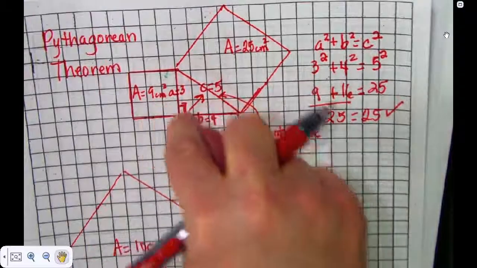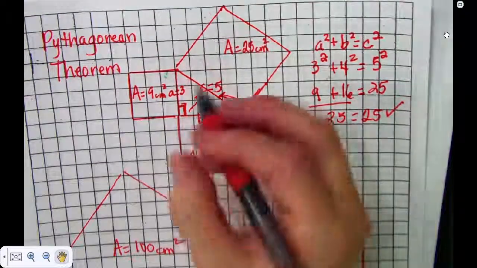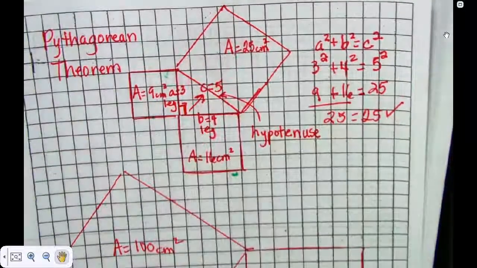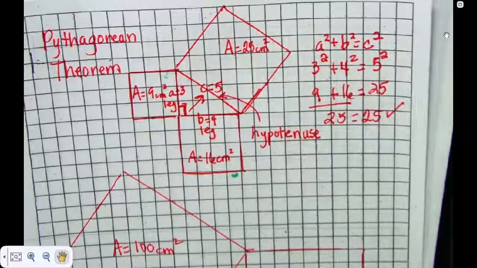Now, these two sides that make the right angle are called your legs. That's a leg, and that's a leg. They're always going to be your A and B. For the ones we do together, we're going to call A the shortest side, just so we have the same problem. But if you're doing it by yourself, you can put B for the shortest side. A and B have to be the two legs.